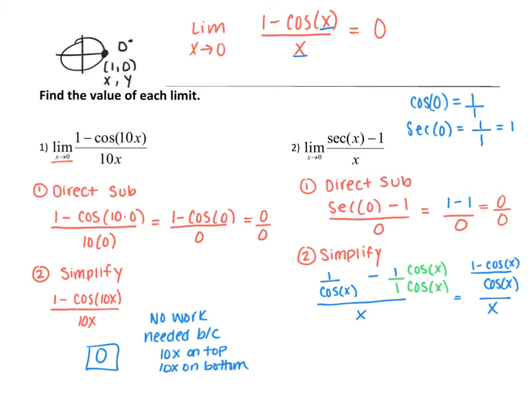Remember that when we subtract fractions, we subtract the tops, 1 minus cosine of theta, and we keep the denominator the same. And now I have one fraction divided by another, and technically that x can be written as x over 1. So we're going to keep change flip. We're going to keep the 1 over cos x over cos x, change the division to a multiplication, and flip the 1 over x.